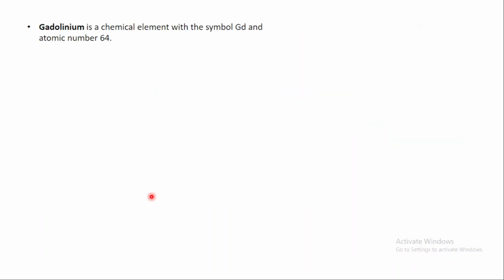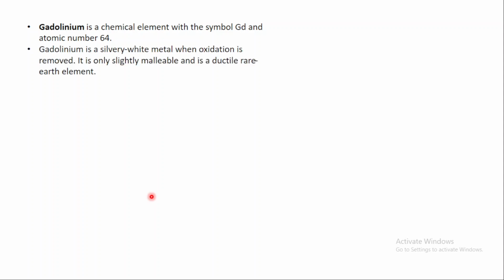Right? Now gadolinium is a chemical element with the symbol Gd and atomic number 64. Gadolinium is a silvery white metal. When oxidation is removed, it is only slightly malleable and is a ductile rare earth element. Rare earth elements start with lanthanum, atomic number 57, so gadolinium is atomic number 64.